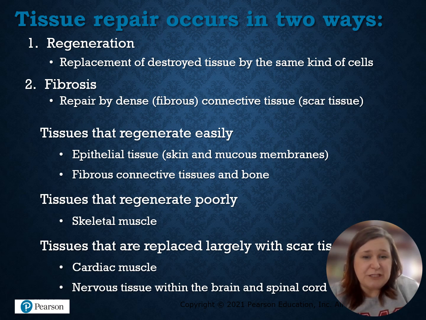Tissues that are going to regenerate pretty easily are going to be epithelial tissue, because again, that's always being sloughed off, and fibrous connective tissues and bones. Tissues that regenerate pretty poorly are going to be things like skeletal tissues. And tissues that are replaced largely with scar tissue when things happen are cardiac muscle and nervous tissue.